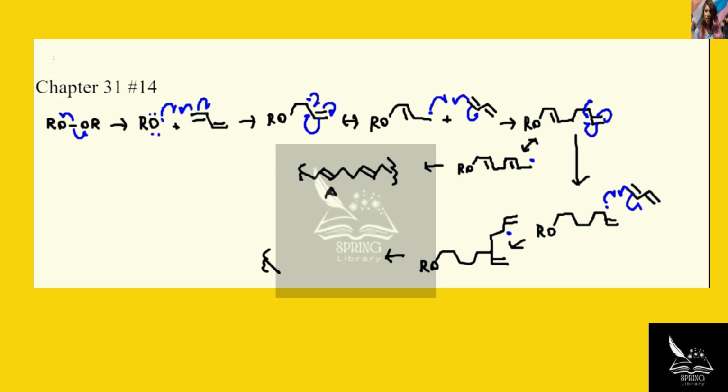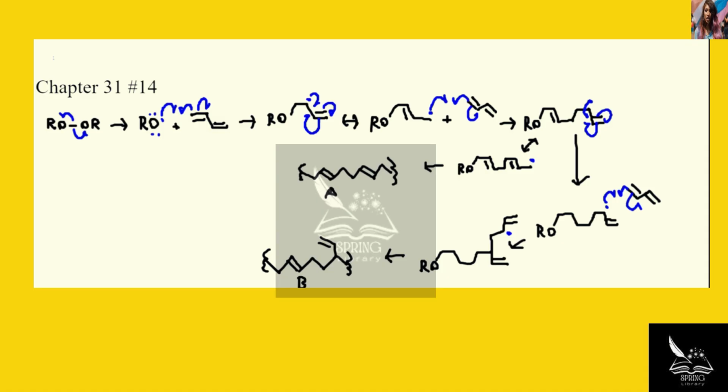So we end up with a similar polymer to A, but rather than being straight chained as A is, polymer B is branched. So there we go. And so that's B.